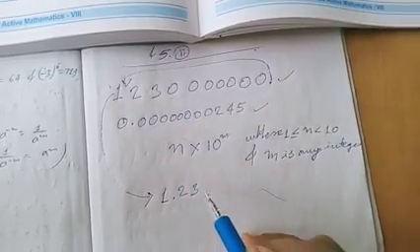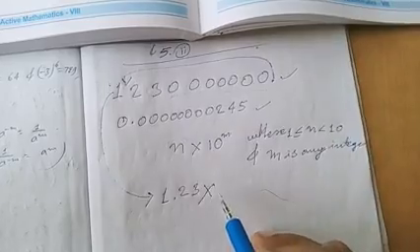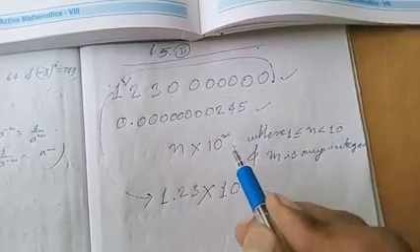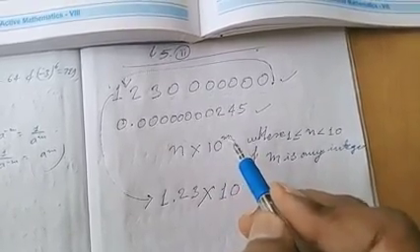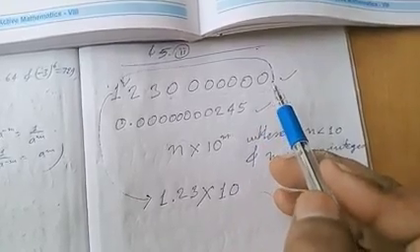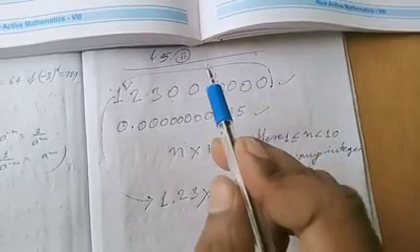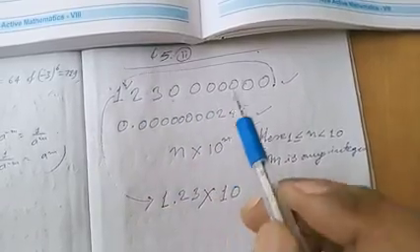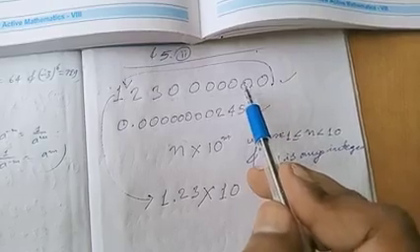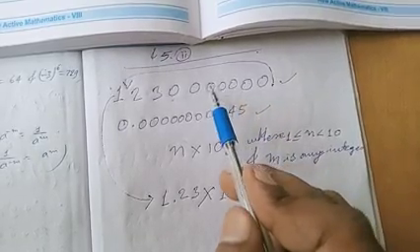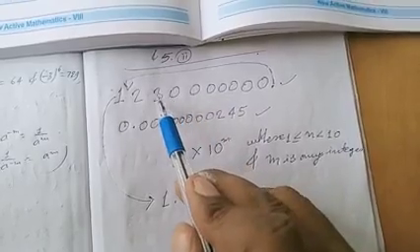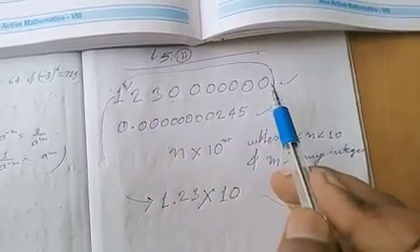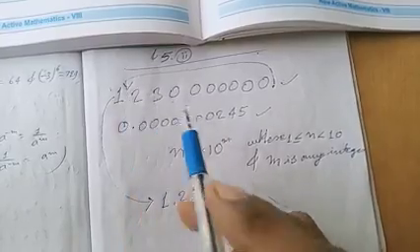Now multiplied by 10, what should be the value of m? The value of m is found like this. See, by how many places have you shifted the decimal point to the left side? You have to count 1, 2, 3, 4, 5, 6, 7, 8, 9. By 9 places we have shifted the decimal point to the left side.